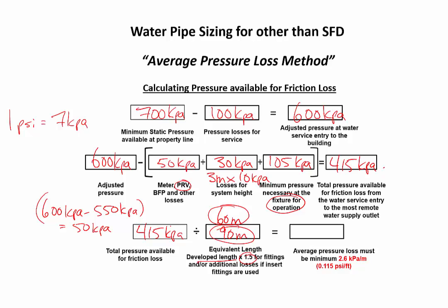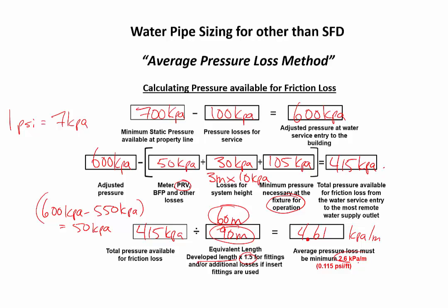So we're going to divide the pressure that's left over after we calculated our losses due to devices and elevation. Divide it by the equivalent length of the system, and we come up with 4.61, which is kPa per meter. So that's what's available per meter of our system, or at least the equivalent length of our system, to be lost to friction.